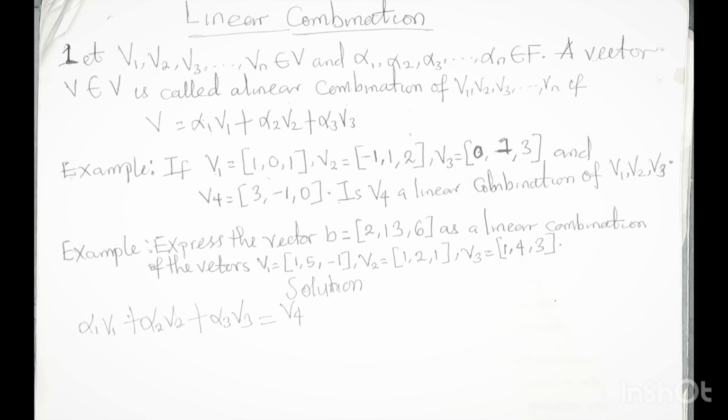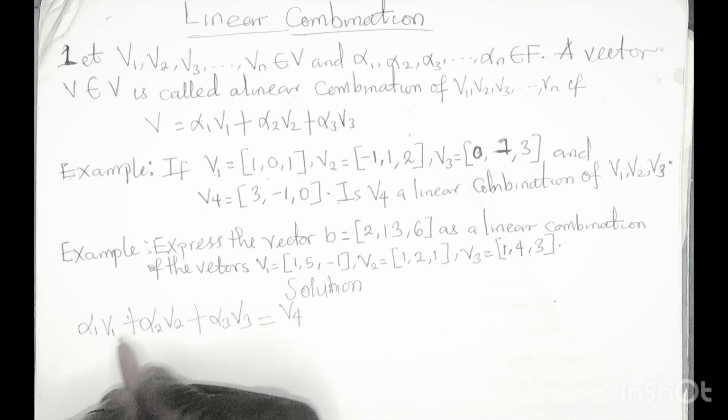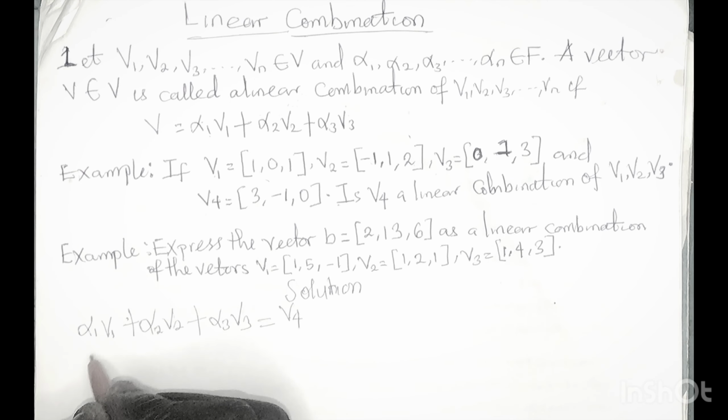All right, so how will you get that? It is very, very simple. All you need to do is write your alpha 1 and what's your v1. Your v1 is 1 0 1. Can you see that now?